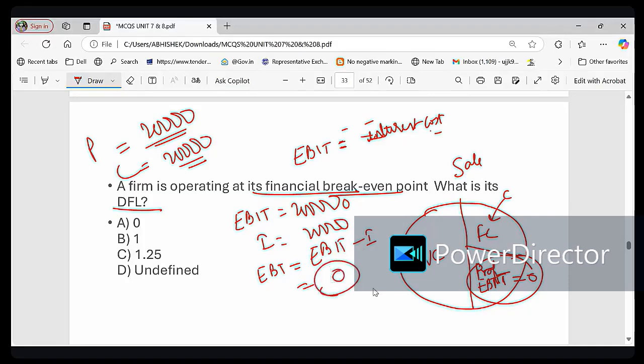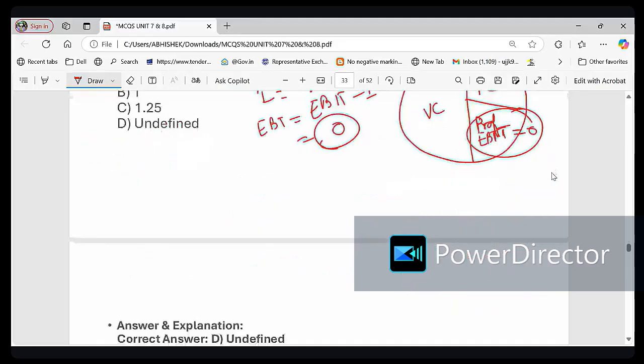Since your EBT is zero, it means tax is zero, right? PAT is zero, profit after tax is zero. Your EPS is zero, earning per share is zero. Everything is zero. And what is the formula for DFL? I told you now. The formula for DFL is percentage change in EPS upon percentage change in EBIT.